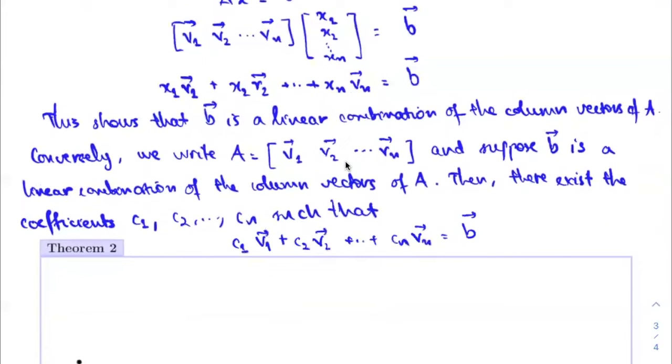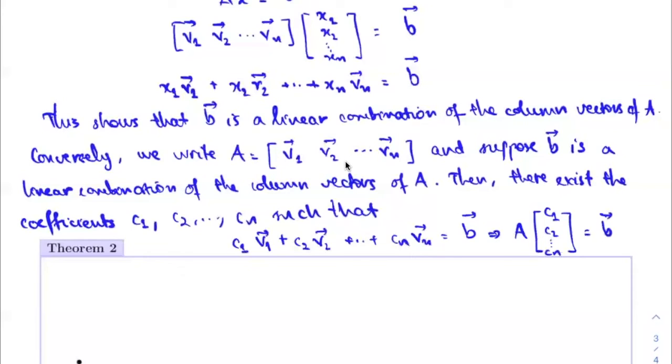And because there exist some coefficients c1, c2 up to cn, this is actually a solution of the system, right? Because you can rewrite this as A acting on [c1, c2, up to cn], and this is equal to b.